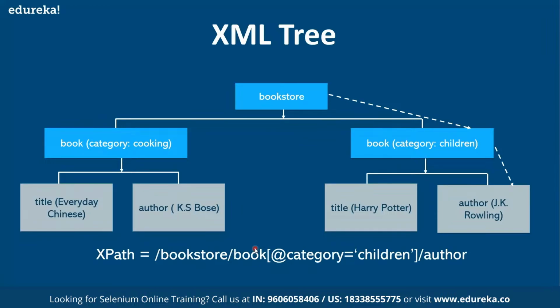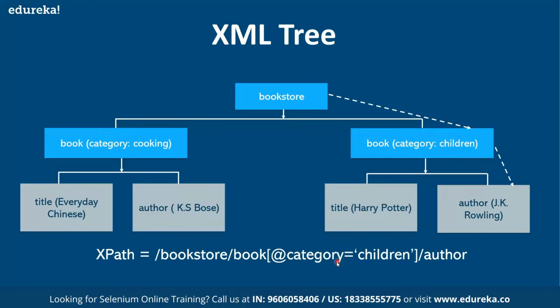But we have two types of book, where one category is equal to cooking and one category is equal to children. So I'm saying bookstore, go to book, and in that book, that attribute category is equal to children. This is the @ symbol to show that this is an attribute. Category is an attribute.